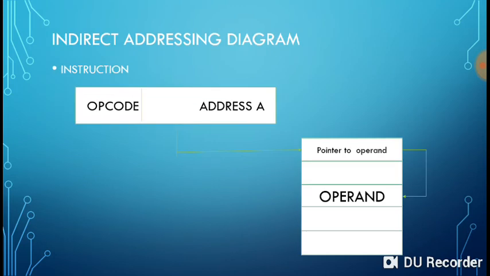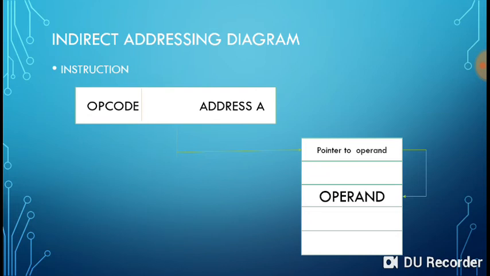The next is the indirect addressing method. It is the opposite of the direct addressing method, where the processor accesses the operand indirectly, and it is kind of complicated for the processor, because the instruction holds an address, that address holds one more address, and that particular address points to another address where the content is present.